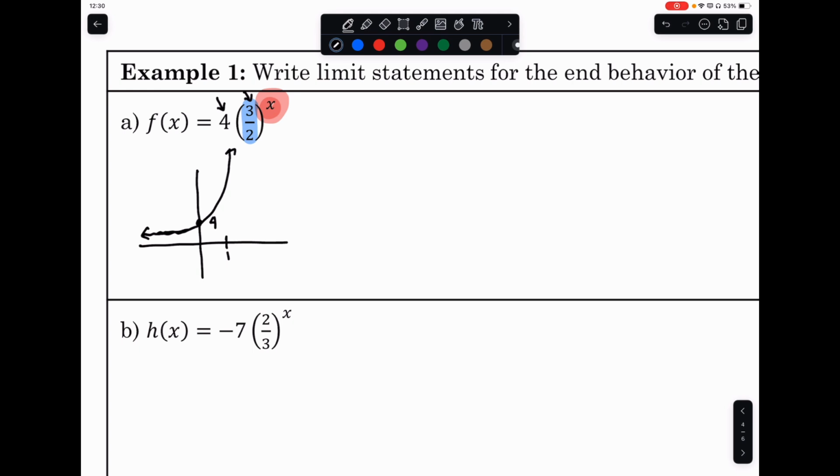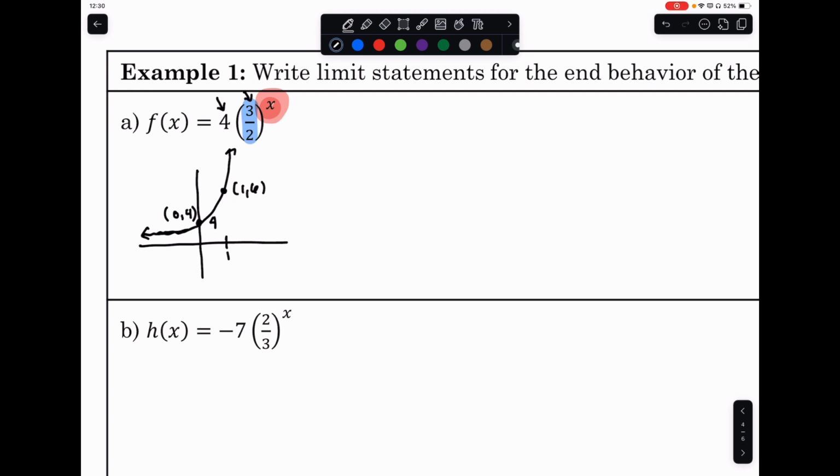So 4 times 3 over 2 is equal to 6. So I'll plot the point 0, 4. Then I'll plot the point 1, 6, and the graph will look like this.